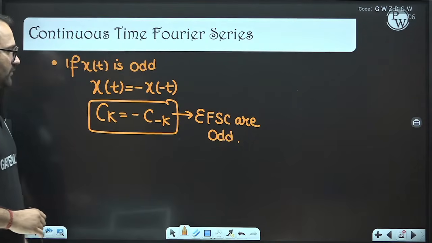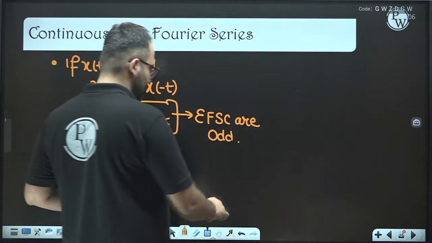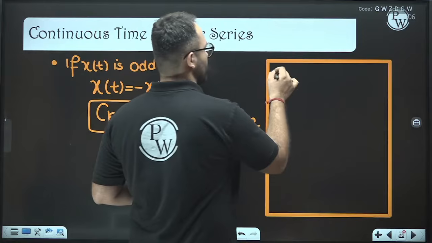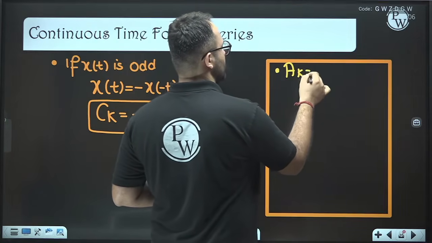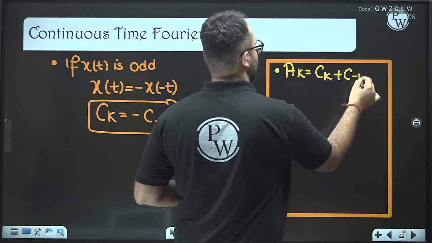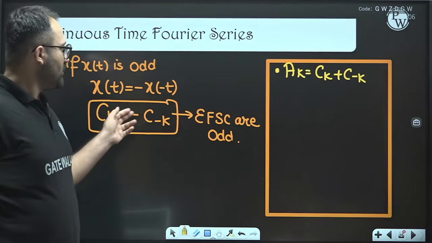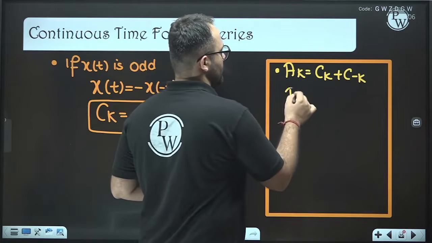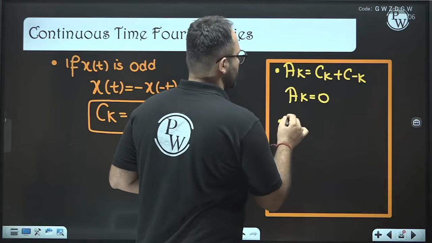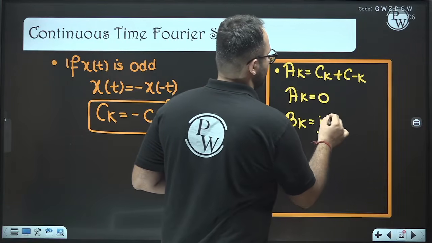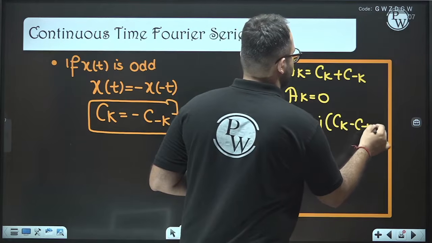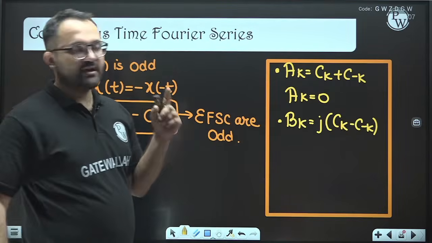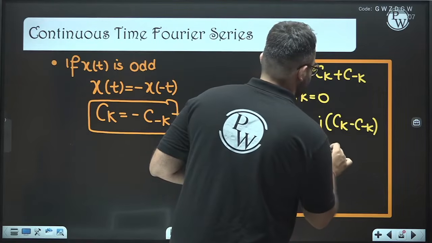Okay. So now from here we can get one more relationship. We know that ak is equal to ck plus c of minus k, and since ck is equal to minus times c of minus k, ak will be 0. Then bk is j times ck minus c of minus k, and since minus c of minus k equals ck, this will come out to be 2j ck.